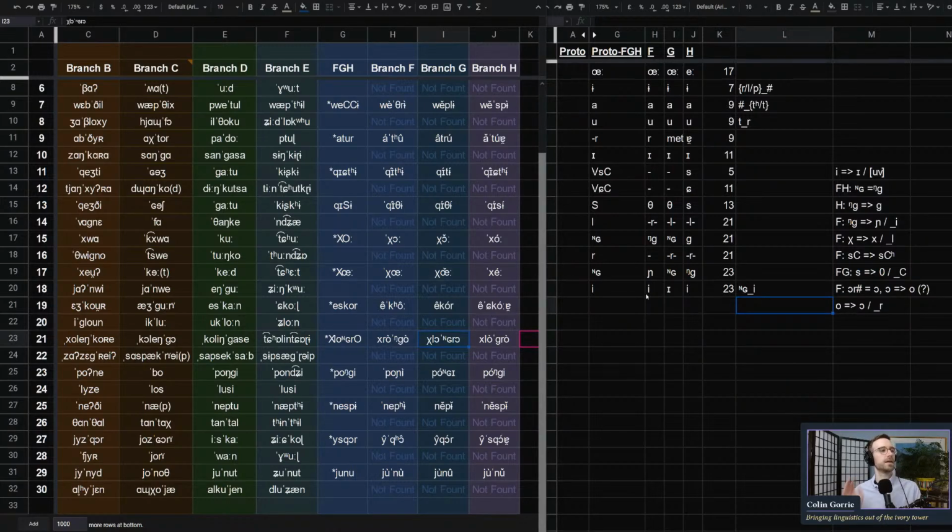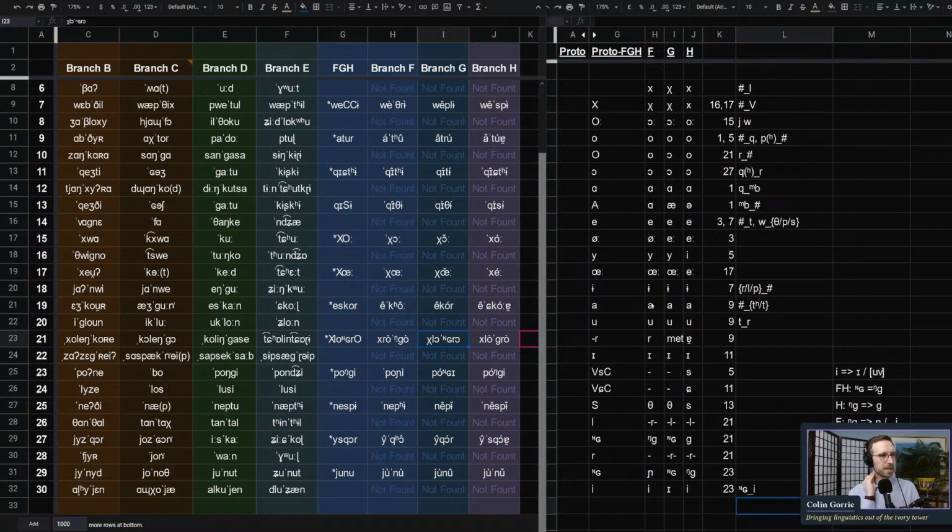And then did we make a decision, make up our minds about the vowel? All right, so we're going to make this into a uvular. Going to make this into a uvular. Oh my goodness.